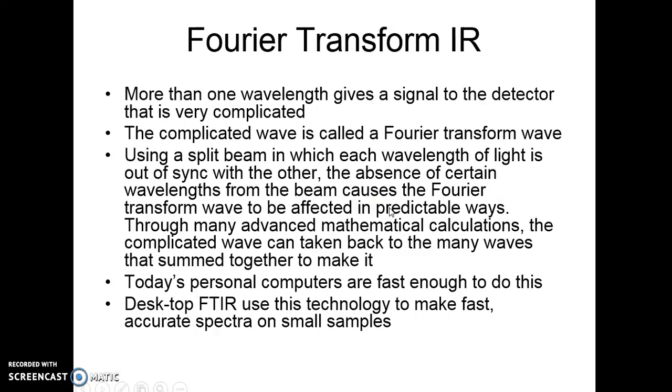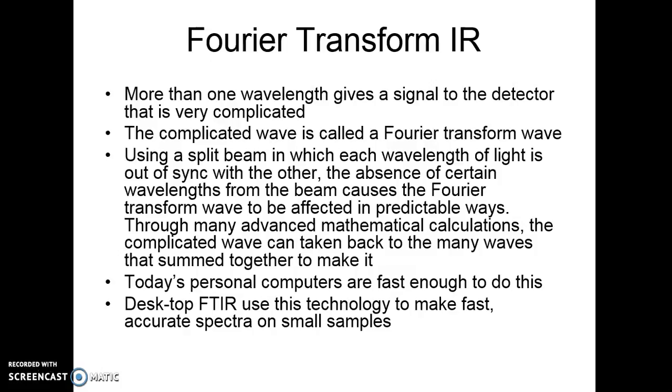There's a much more advanced type of infrared spectrometer called a Fourier Transform IR, and what it does is it shines all the wavelengths at once and then has a computer decipher the response afterwards.